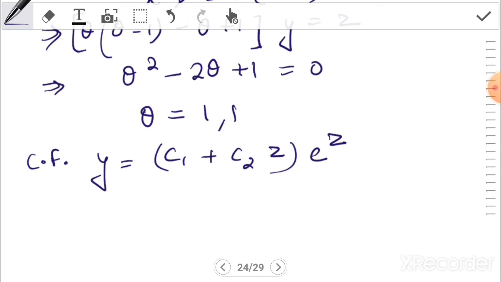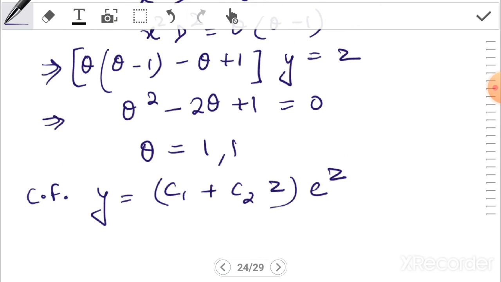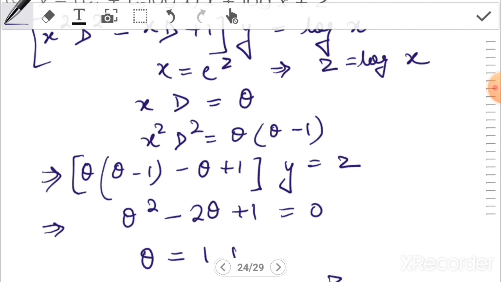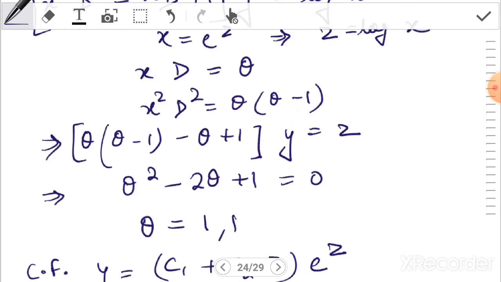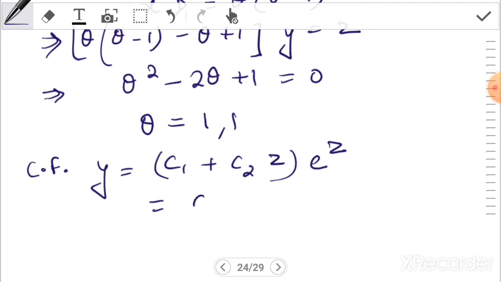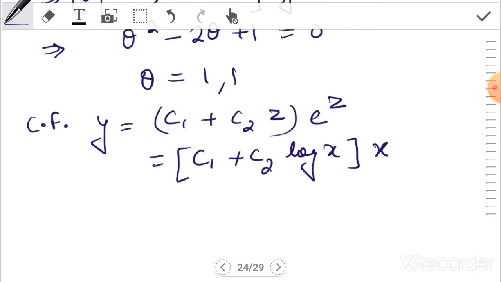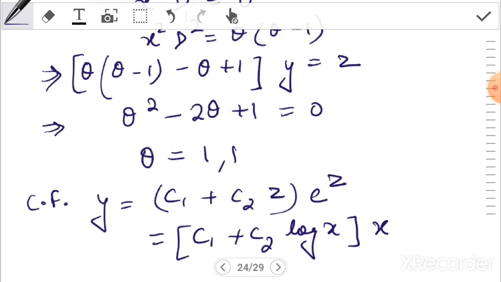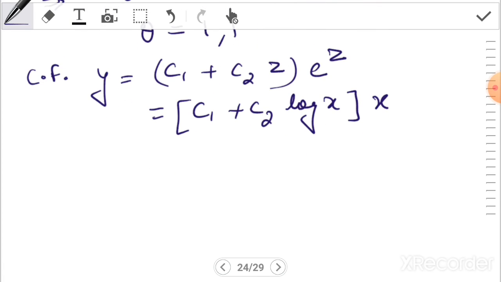Okay, and z is log x and e power z is x. So this is (c1 plus c2 log x) times x. Right.